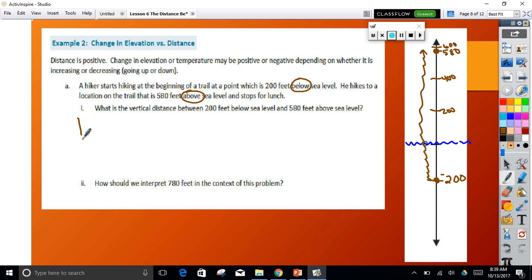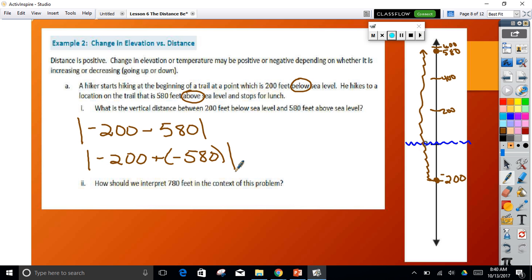So we could do negative 200 minus 580. And if we rewrite that as addition, that's negative 200 plus a negative 580. Same signs, we add and keep. So we would get negative 780. And the absolute value is always positive. So we would have 780 feet.